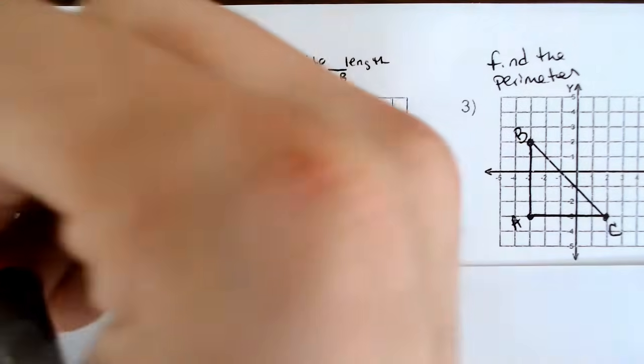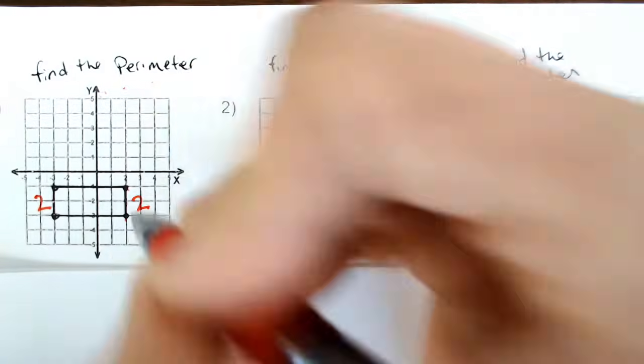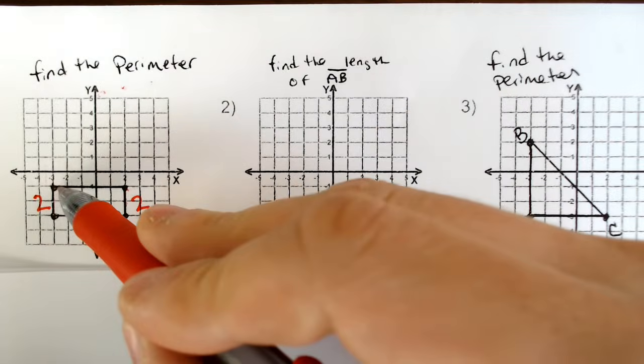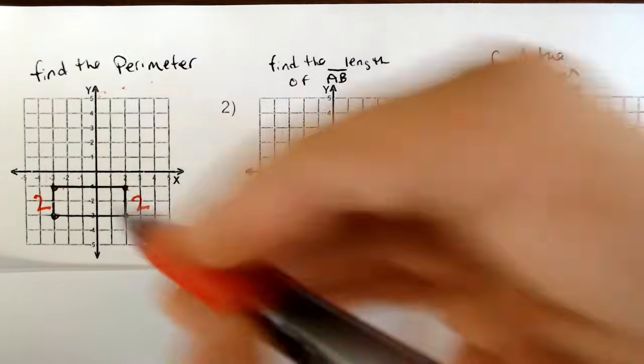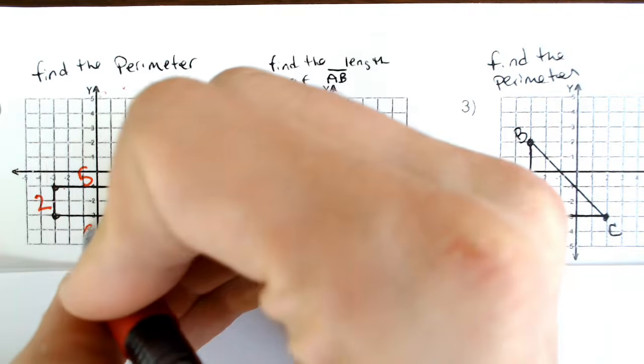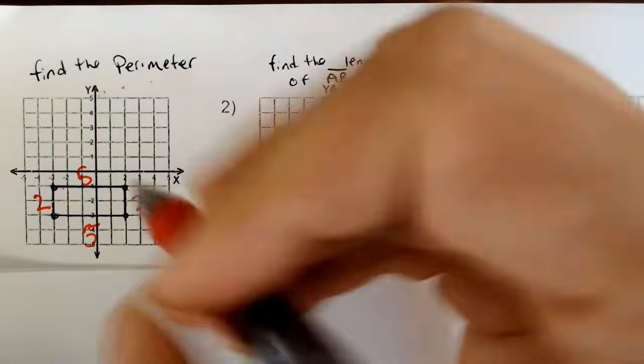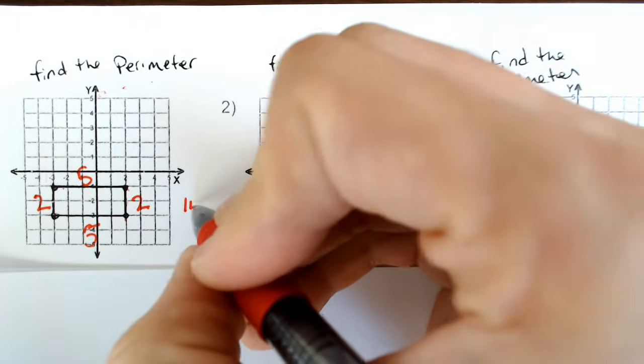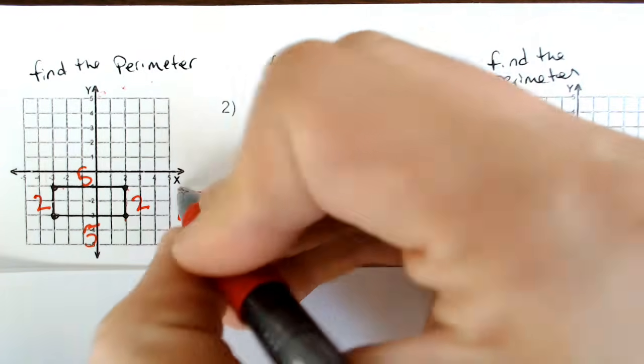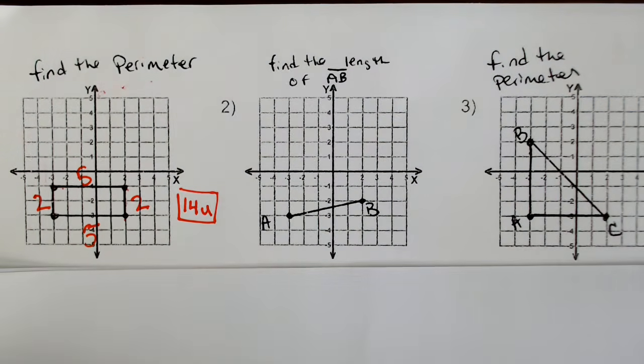So if we have 2 over here and 2 over there, the top part 1, 2, 3, 4, 5, and the bottom part 5 as well. If you add up all those, you get a perimeter of 14 units. So that's why I wrote 14U there.